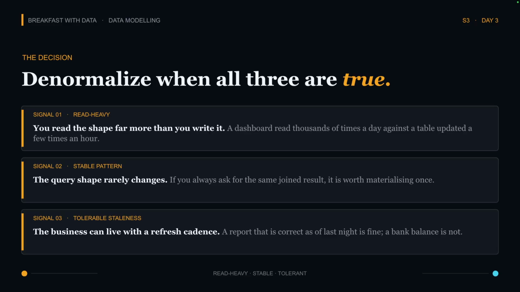Two, when there is a stable pattern, the query shape rarely changes, right? In analytics, what you are trying to do is very stable. You already know: total number of customers per day, how many people bought from us, how much are we selling on average? How much have we made today? How is what we made today different from what we made yesterday?